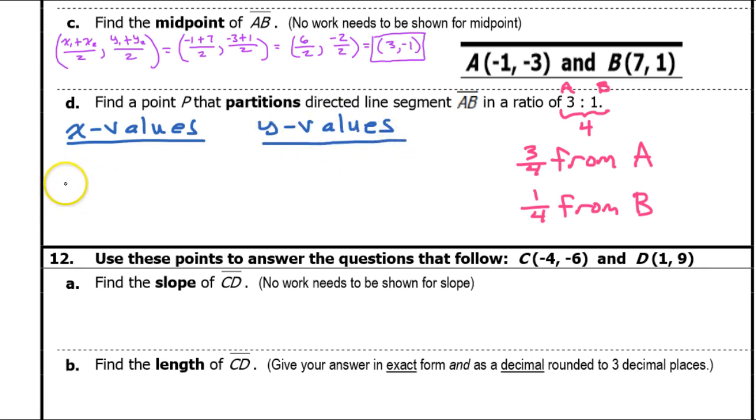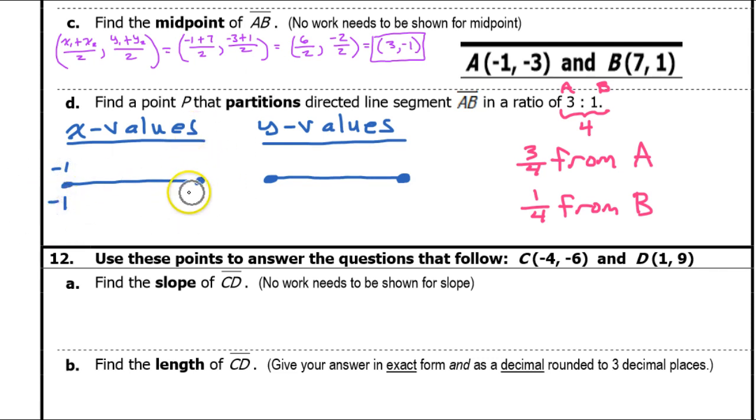Okay, so here is my segment, but only x values, and here is my segment where I will deal with the y values. So let's see, my x values are -1 and 7. So that's why I'm going to put a -1 and 7. But you know what? I think I'll put them underneath.